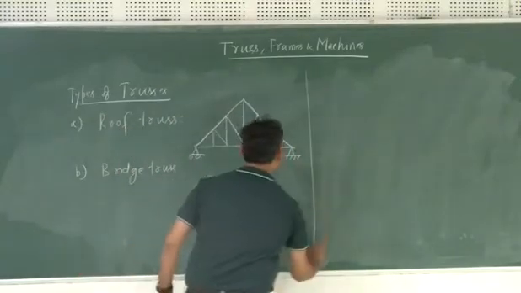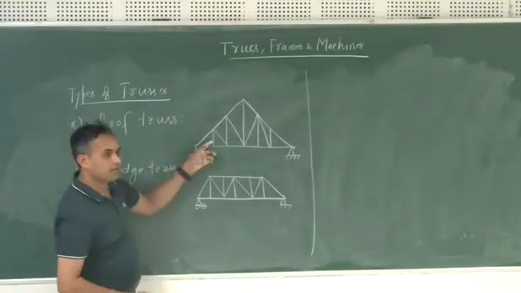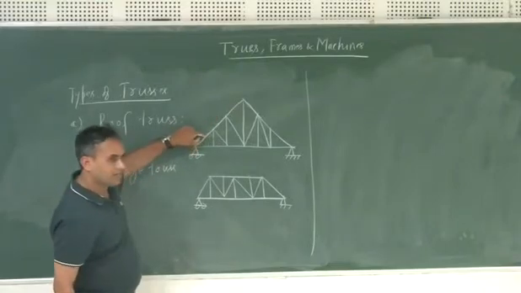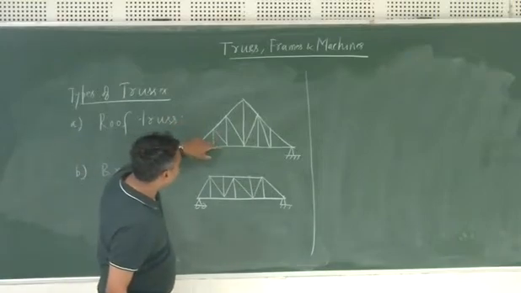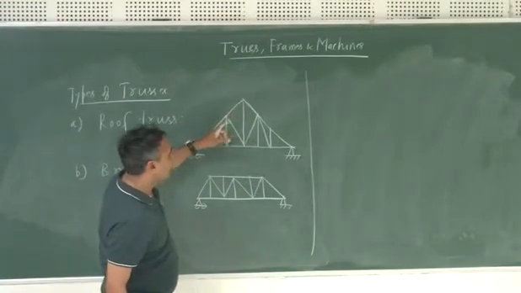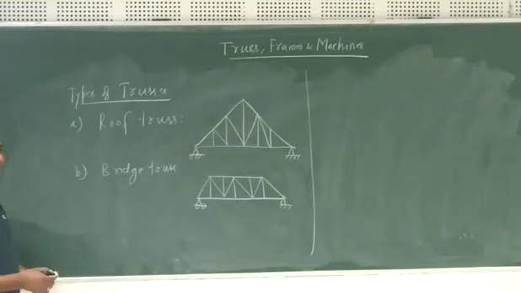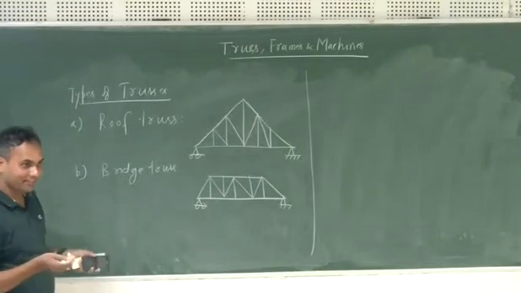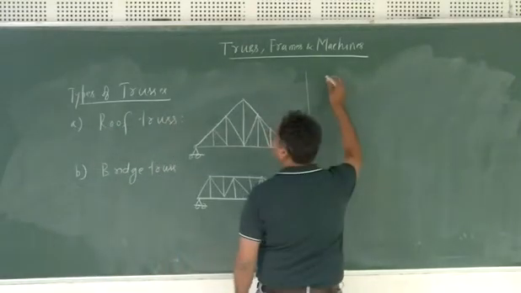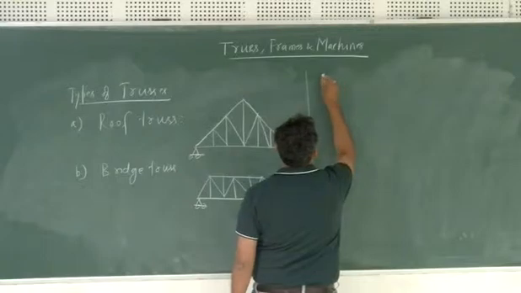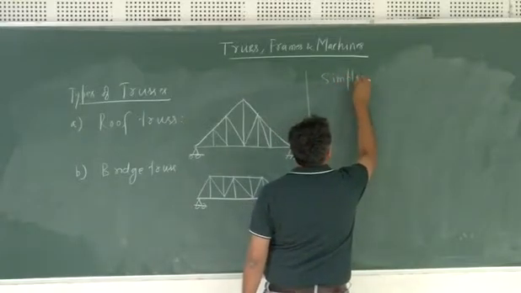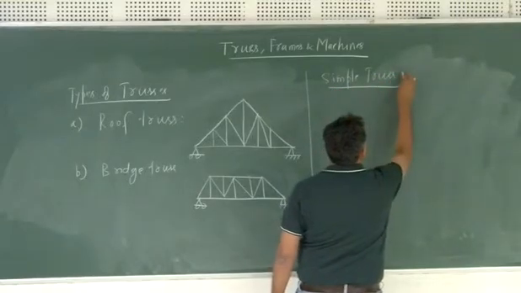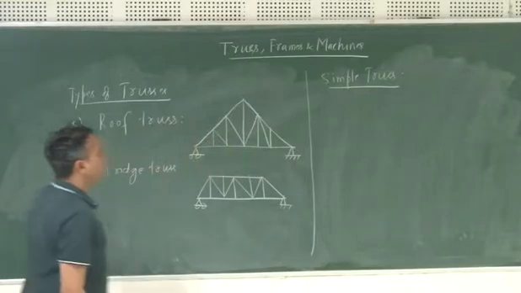Now if you see all these trusses, if you just focus on one, you will see that it contains 1, 2, 3, and then again it repeats 1, 2, 3, 1, 2, 3. So why is it required that you should go in the form of a triangle? First of all, there is something called a simple truss. What is the meaning of simple truss?